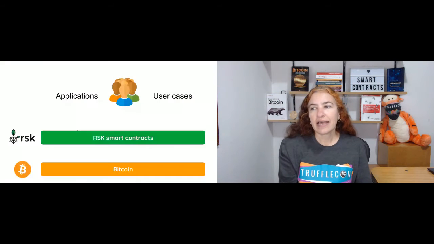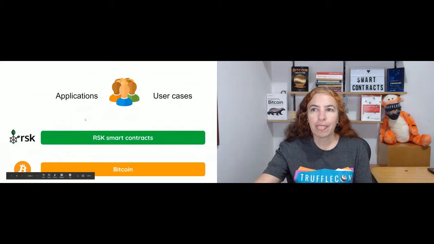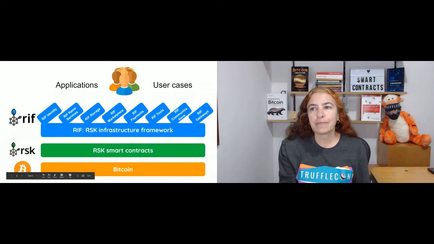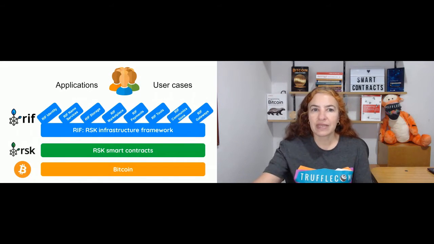Because RSK is a sidechain based on Bitcoin, and we can build our applications using the Solidity language and smart contracts here in RSK. Also, we have a new layer, the RIF, the RSK Infrastructure Framework, with some tools and services to help you build your application.